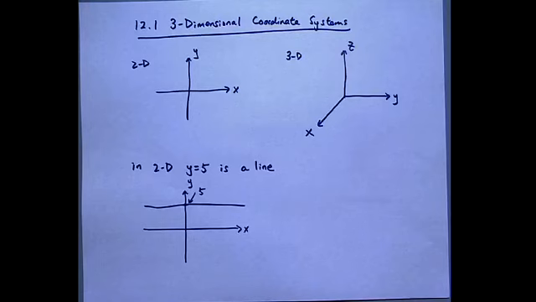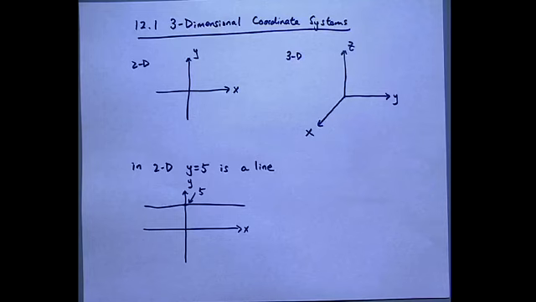So what do you think the shape ends up being? It'll be a plane. Yeah, very good. It's a plane. It's an infinite plane, by the way. So that line in the middle, that's our usual y is equal to 5 line.